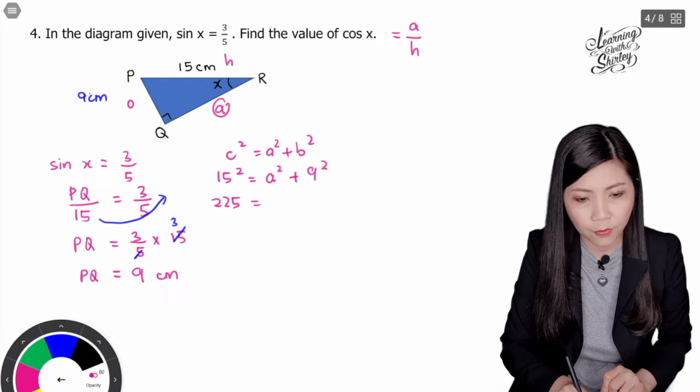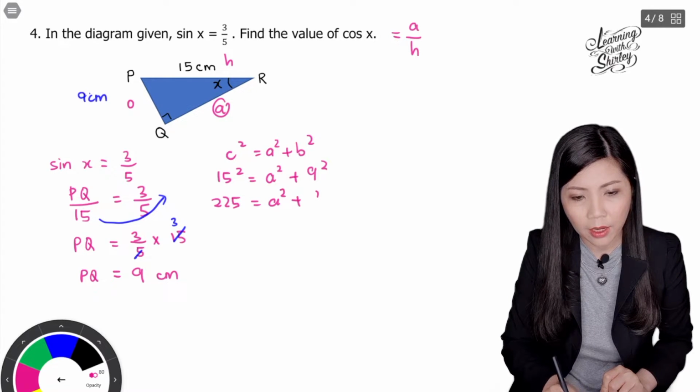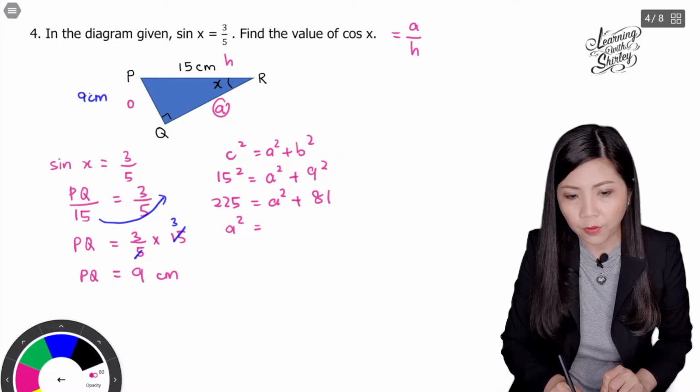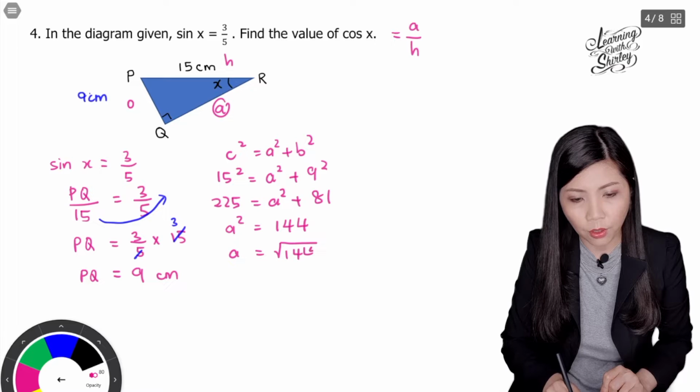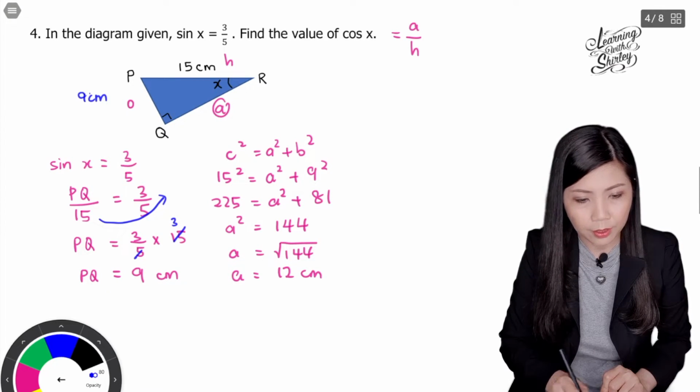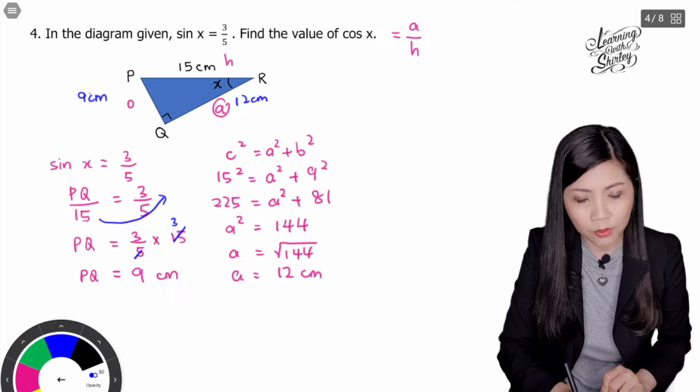So this is 225 equals A squared plus 81. A squared will be 225 minus 81, we get 144. So A will be the square root of 144, so A is equal to 12 cm. Which means that this is 12 cm.